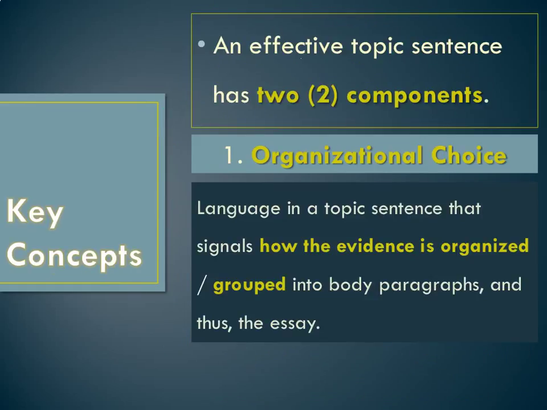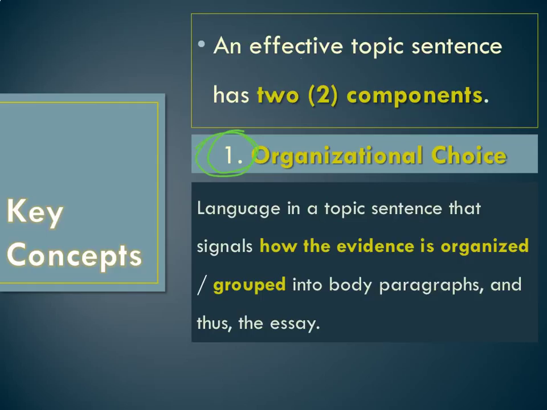Okay, well, let's go ahead and give you our first key concept here, and that is that an effective topic sentence has two primary components or parts. So just like a thesis statement has to have specific parts in it, for a thesis statement we have to have three parts in it: a subject, a topic, and an associative claim. A topic sentence has to first have a really effective organizational choice.